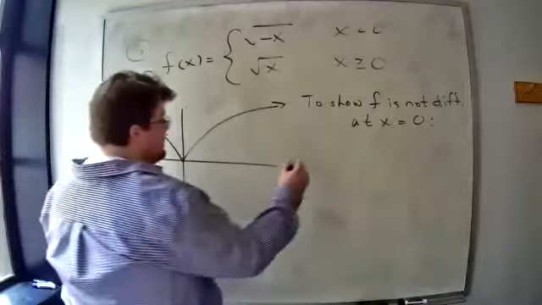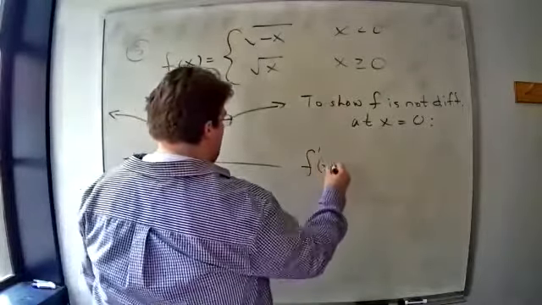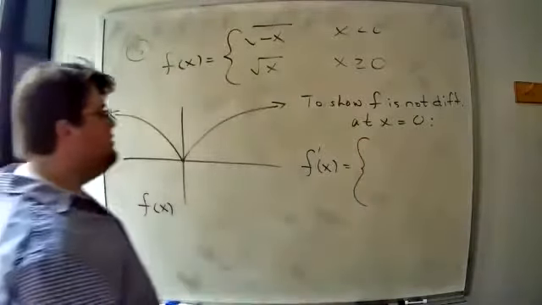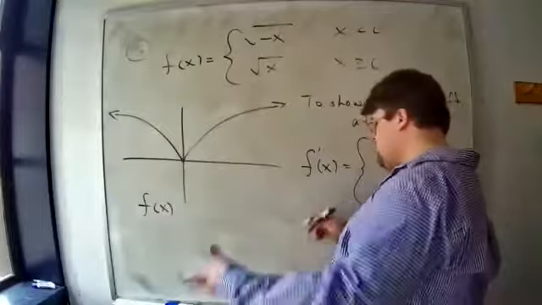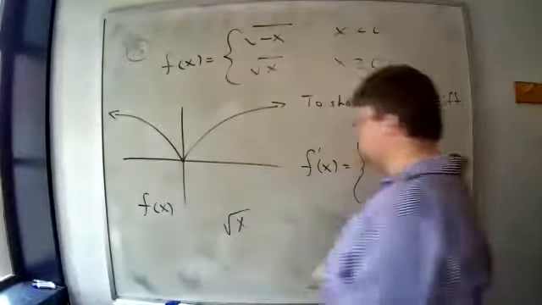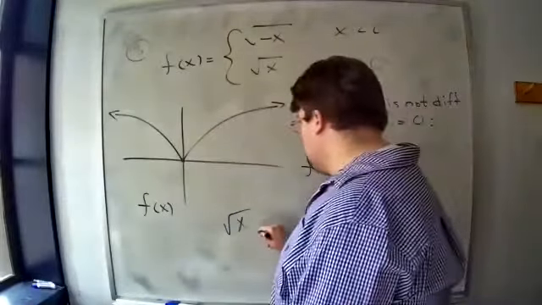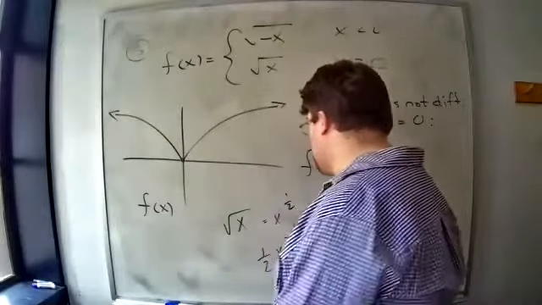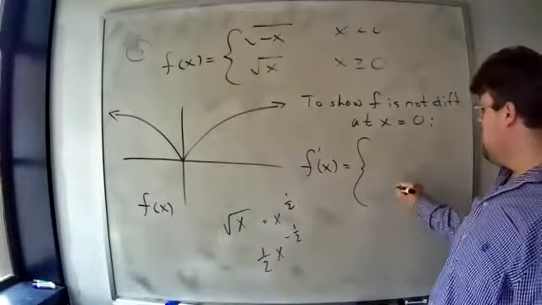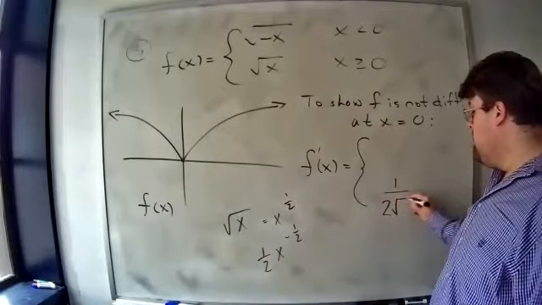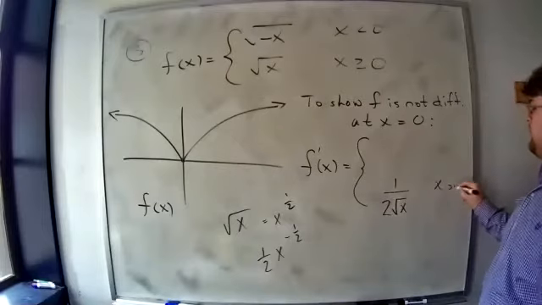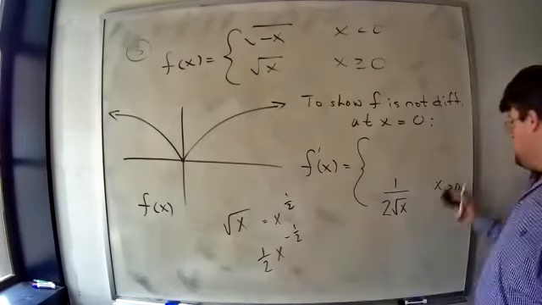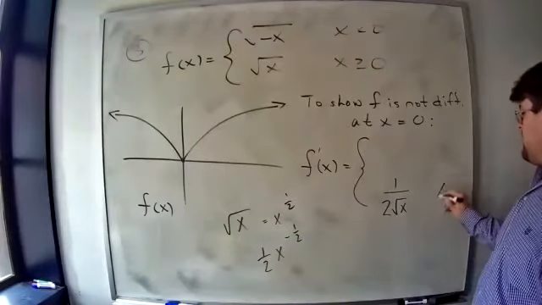So notice, using the power rule, f prime of x, so if f of x is root x, the derivative, that's x to the 1/2, the derivative is half x to the negative half, which is also 1 over 2 root x for x not equal to 0.